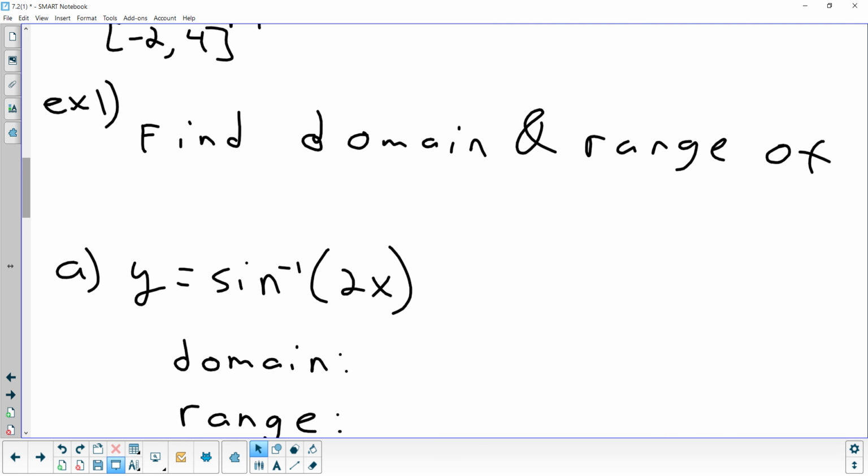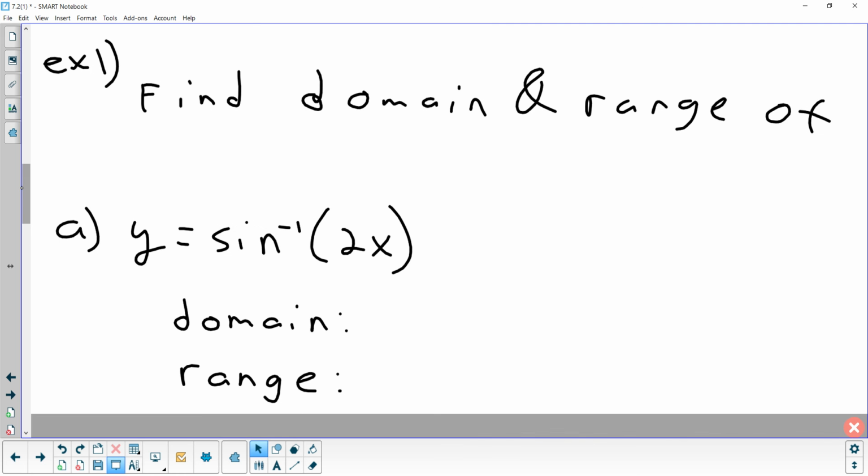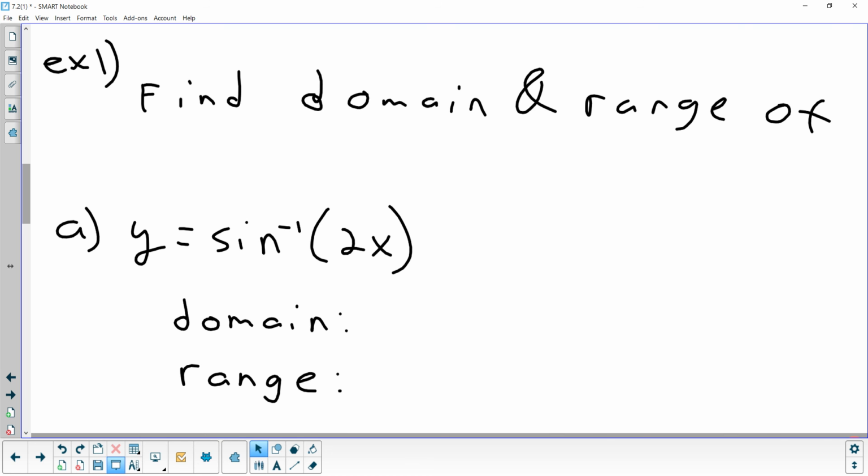Okay, so let's find the domain and range of this. Inverse sine 2x. Jack, how many transformations are happening in that problem? 1. Just one. So that means only one thing is changing.